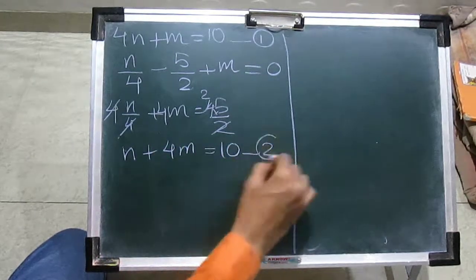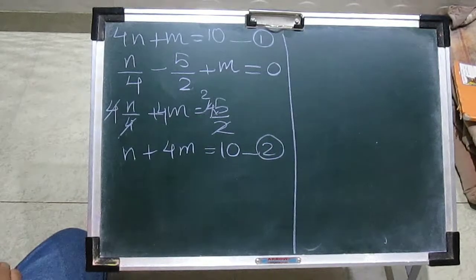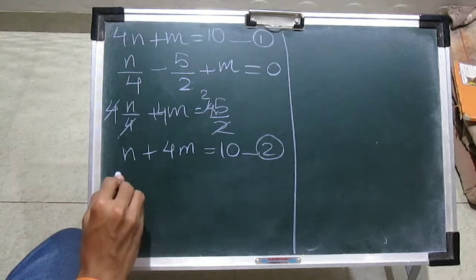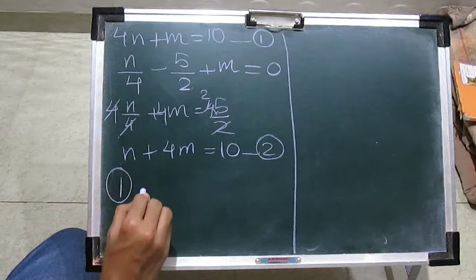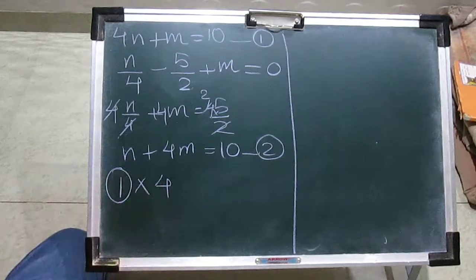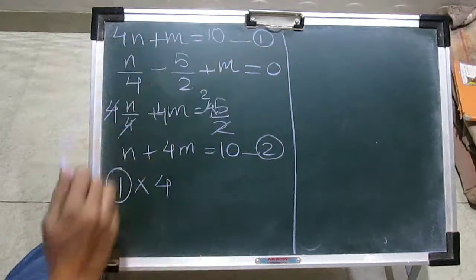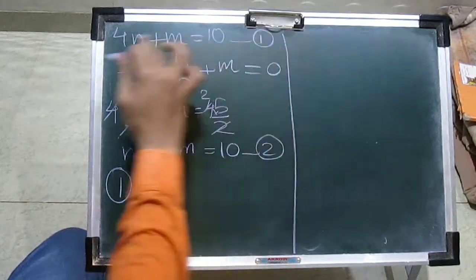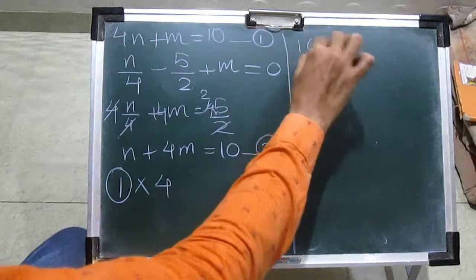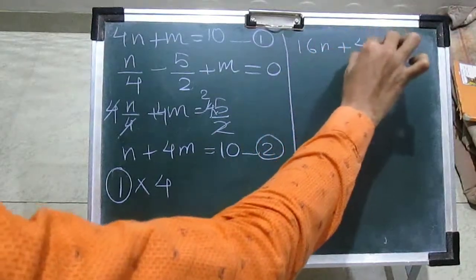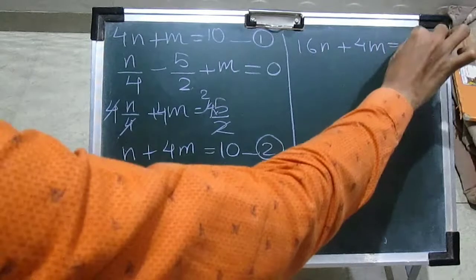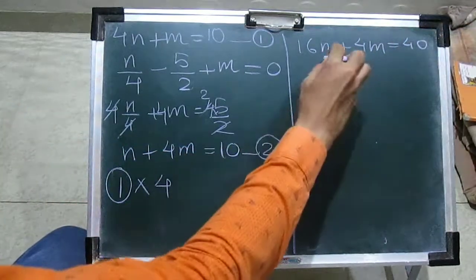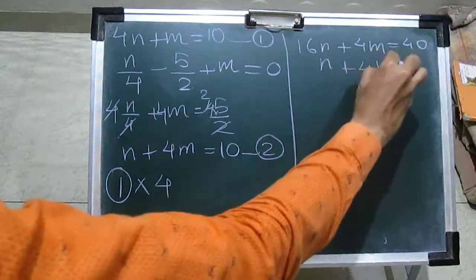Okay, now we are going to solve equation number 1 and equation number 2 by using simultaneous equations. I will multiply equation number 1 by 4. What I get is 4 4s are 16n plus 4m is equal to 40. And the other equation that I have is n plus 4m is equal to 10, correct?